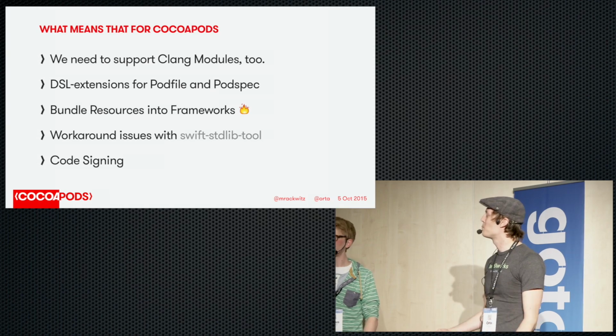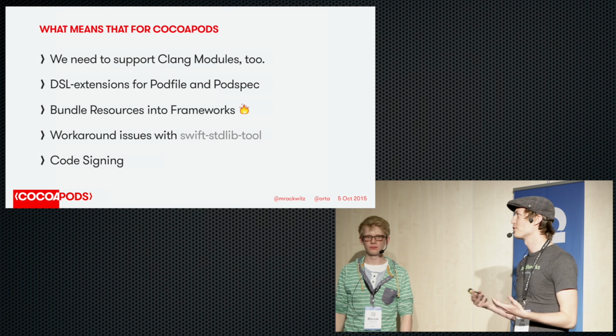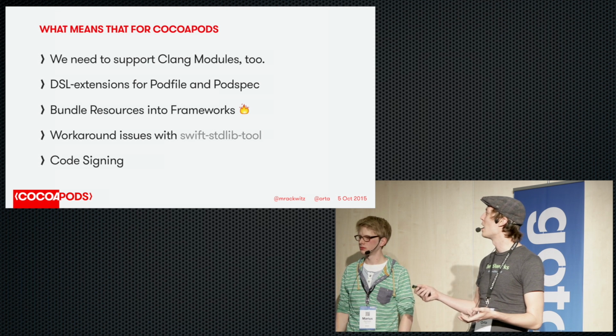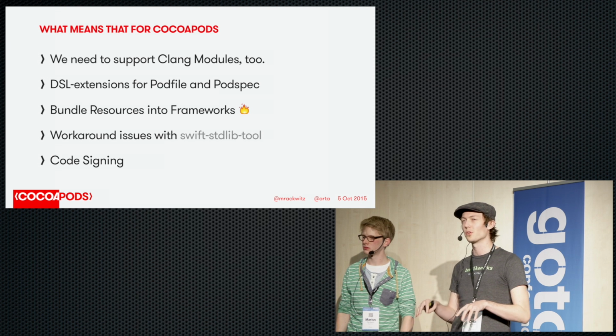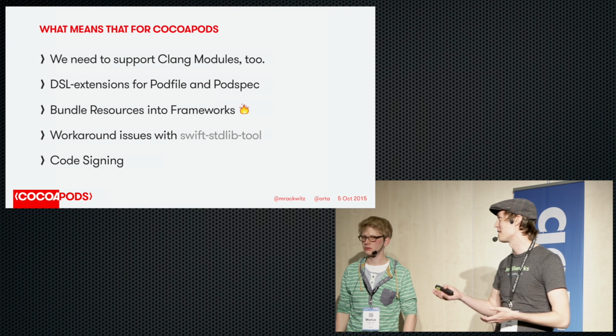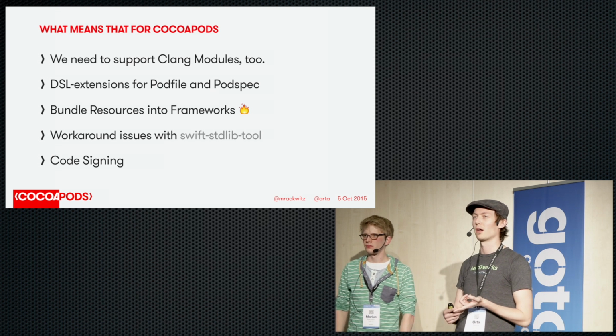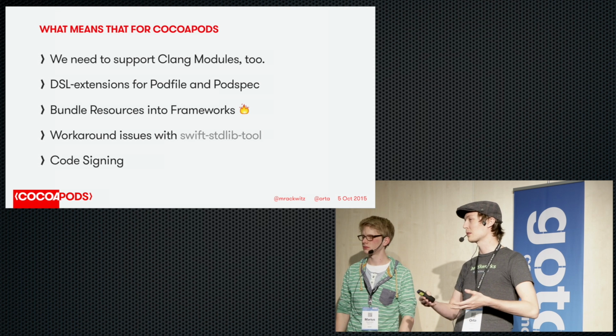So what that means generally for CocoaPods is we have to support a bunch of different things, and we ended up getting a few freebies like the Clang modules. In order to pull it off, we had to obviously extend the code that you would write when you're using CocoaPods. In essence, that was things like use_frameworks, which is just a thing that you say in your Podfile that will then start using frameworks.